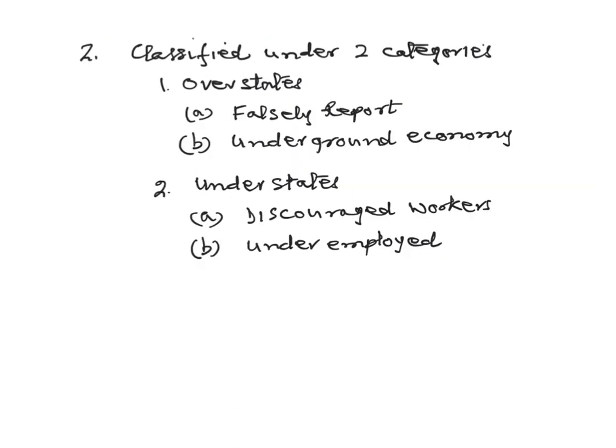The official measure overstates the degree of unemployment because, reason 1, some people claim to be actively looking for work but are not because they are embarrassed or think they will not remain eligible for government payments to be unemployed.